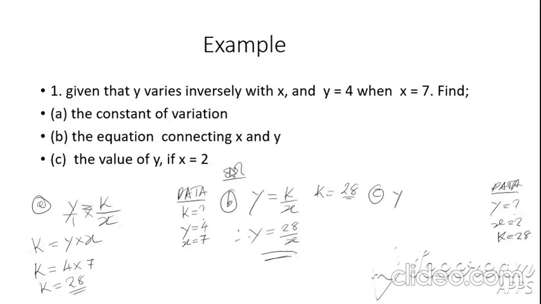So it's y is equal to k over x, like that. Our aim is to solve for y. So y is equal to, what's our k? Our k is 28 over, what's our x? Sorry, it's 2. And then y is equal to, how many times can 2 go into 28? That's 14. Then you're done. Just like that. As simple as that.